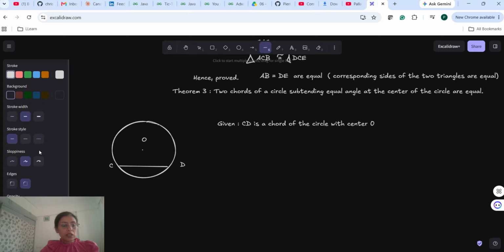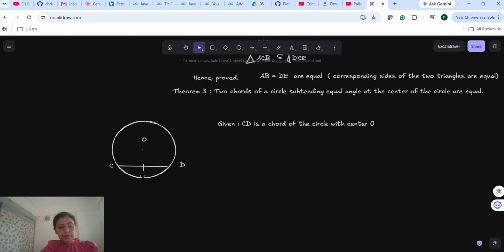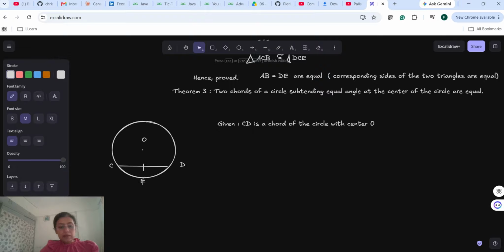So first, let me mark the midpoint of this chord. So assume this is the midpoint of the chord. What should we call it? Let's call it E. E is the midpoint of this chord.